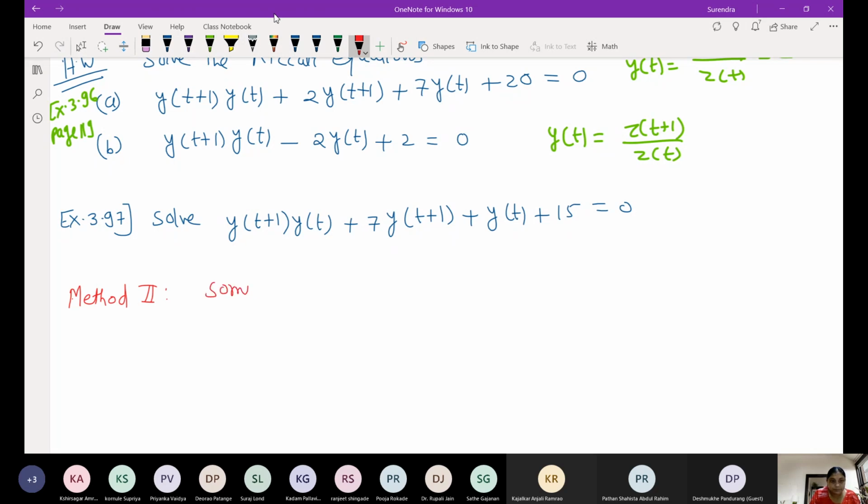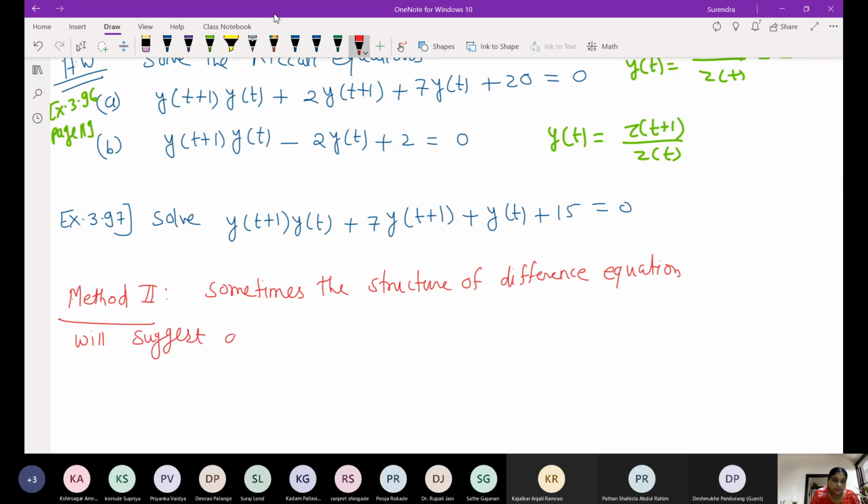Sometimes the structure of the difference equation will suggest a substitution that makes the equation linear.